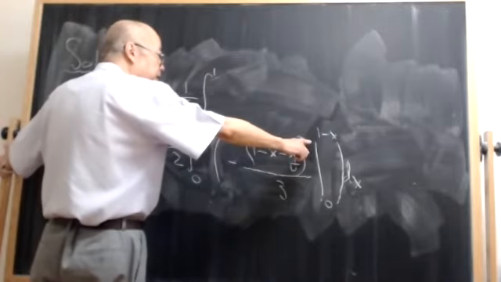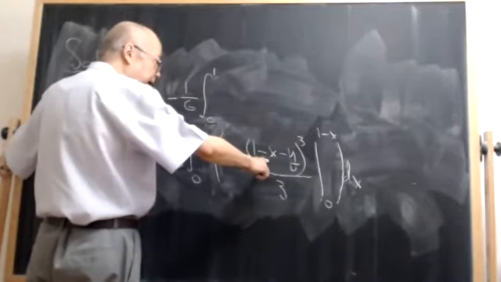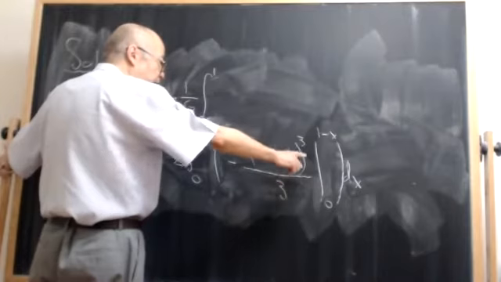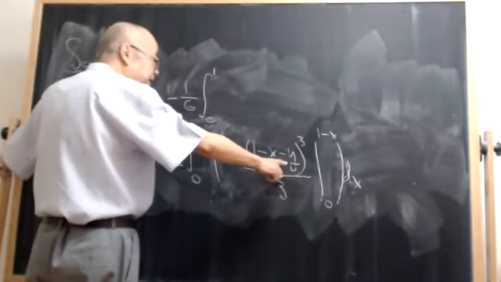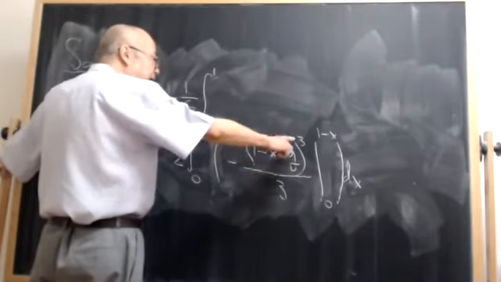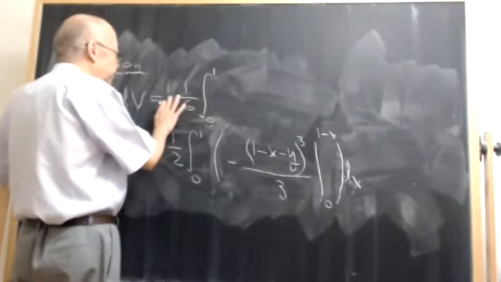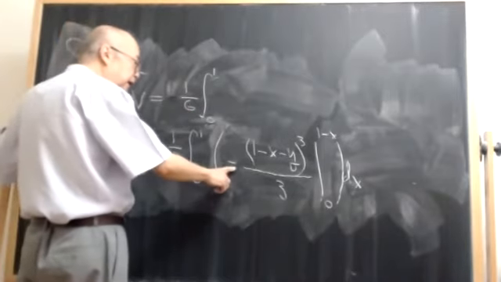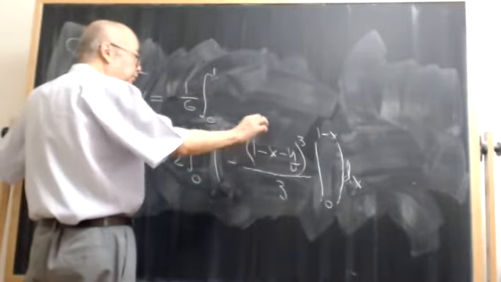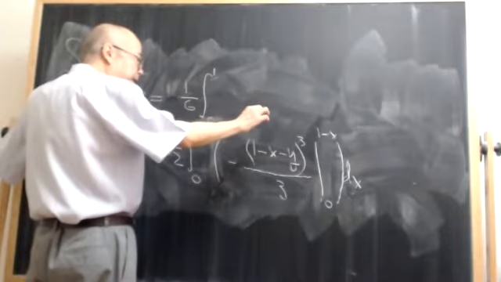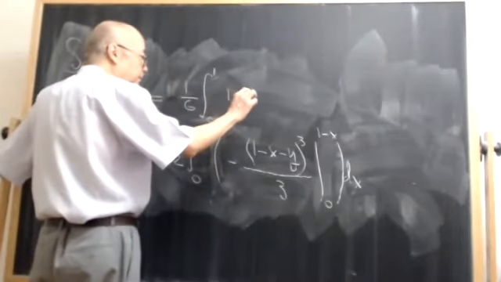And then you put y equal to 0, you get 1 minus x. So I have 0 minus 1 minus x to the cube. So I should have this minus sign here because this minus sign would disappear already. So we have 1 minus x to the power 3.